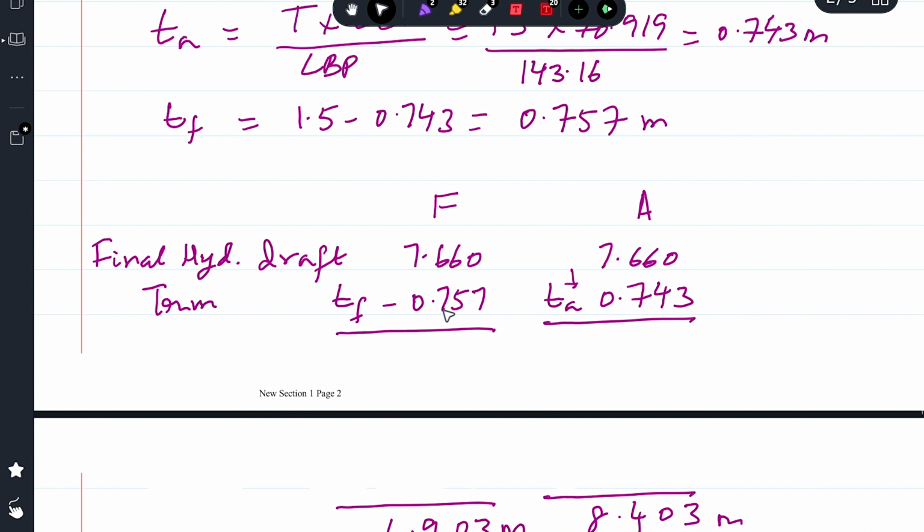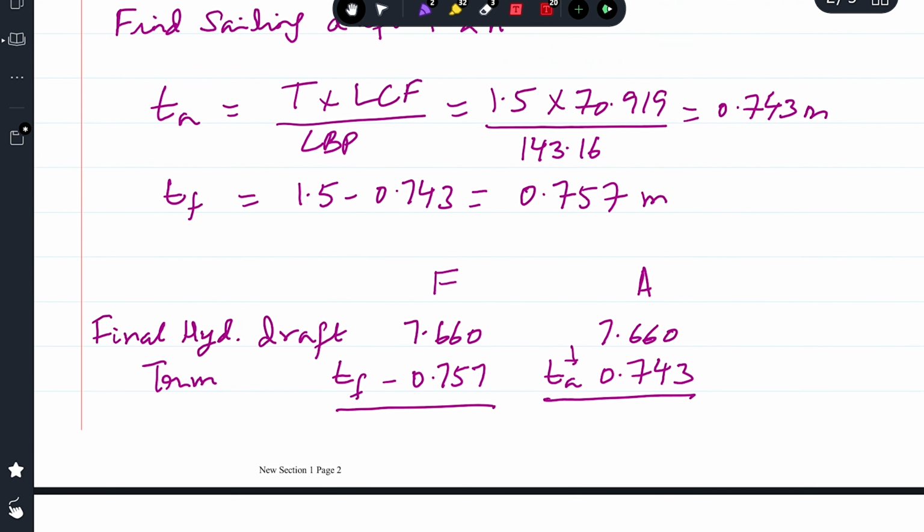Since ship is trimmed by the stern, TF we subtract because forward draft will be lesser than the draft at center of flotation. So 7.66 minus TF 0.757. And aft draft will be more because we have trim by the stern, so add the TA to the hydrostatic draft: 7.66 plus 0.743.